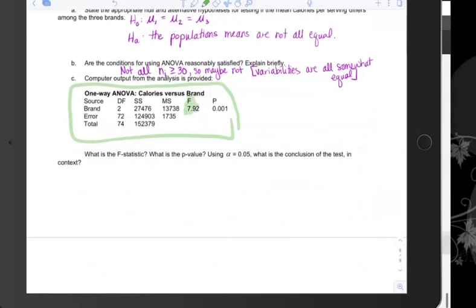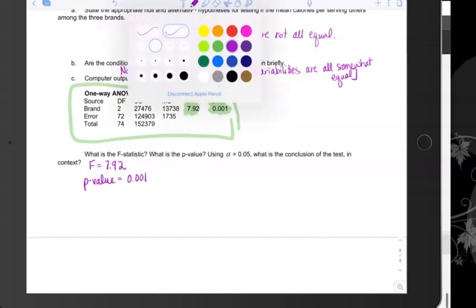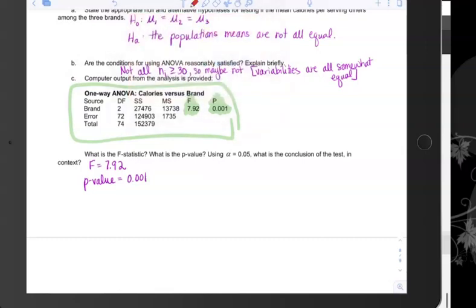So here's your F statistic. Here's your p-value. So we can report the F statistic is 7.92. The p-value is already given to me, so I won't have to find it. It's 0.001.